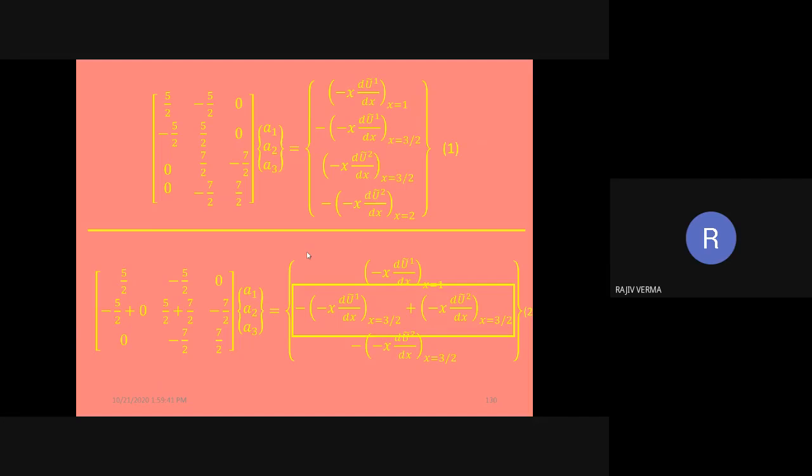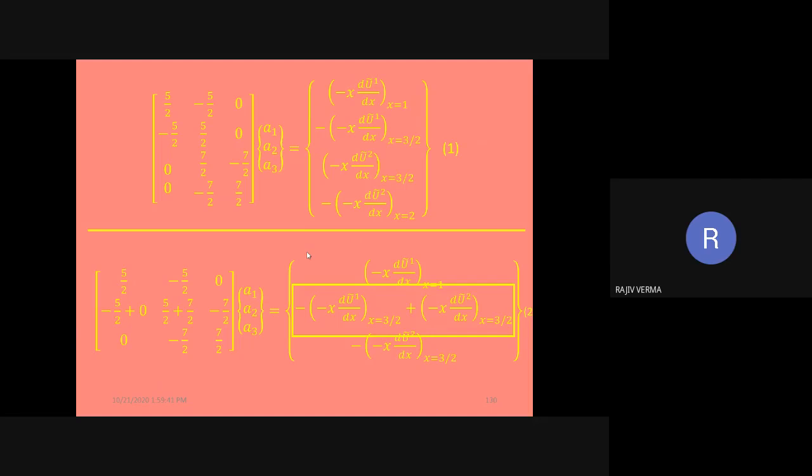In fact, x equal to 3 by 2 is a location which is shared by both the elements. So this is what is getting added up in the right hand side.